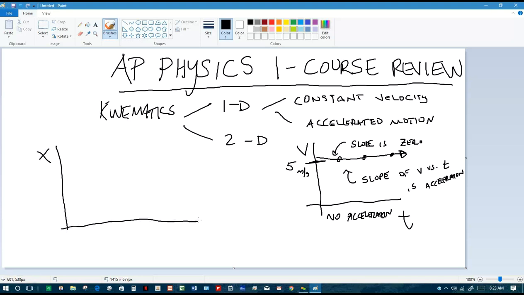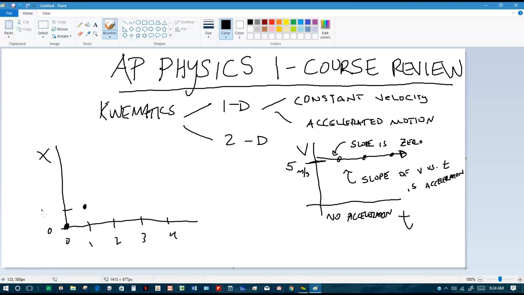If you've got a position versus time graph for something that's accelerating, it won't be linear anymore. You can still measure its position at nice equal time values, at 1 second, 2 seconds, 3 seconds, and 4 seconds, let's say. Let's say it started at the origin, 0, 0, at 0 seconds.